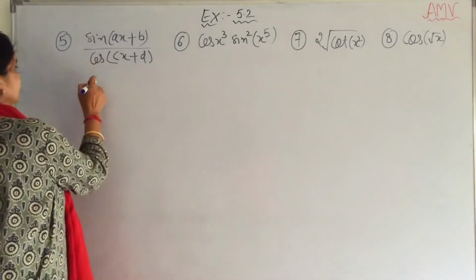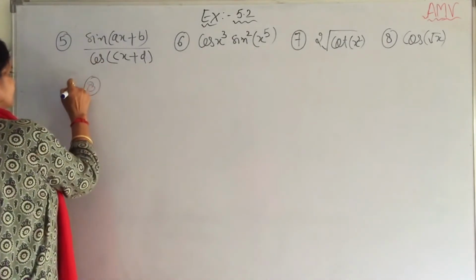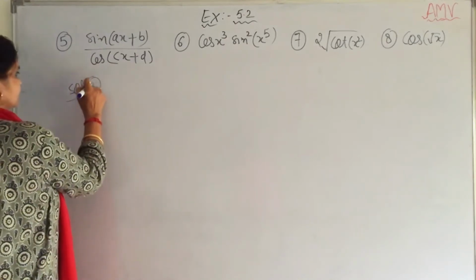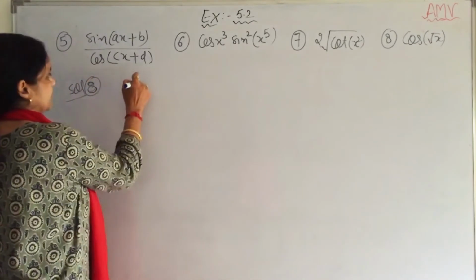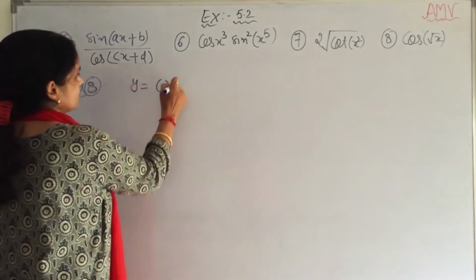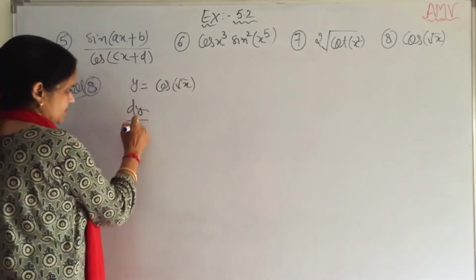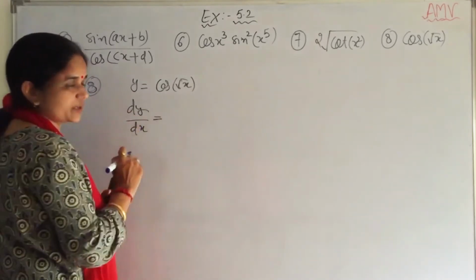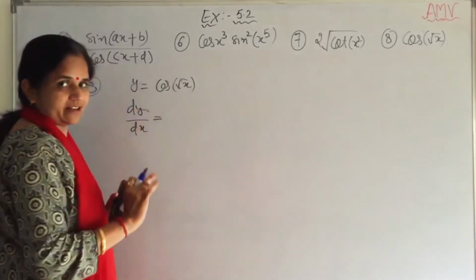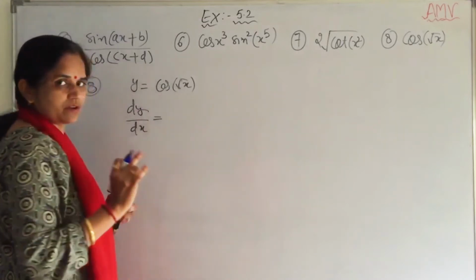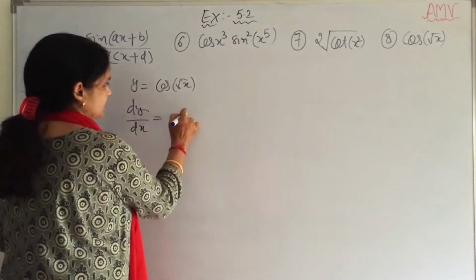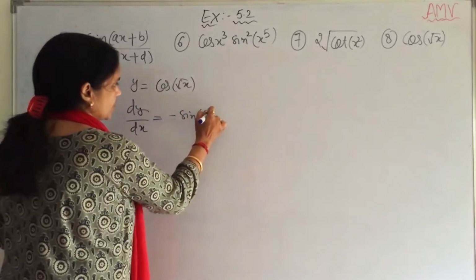Question number 8. Let y is equal to cos root x. So derivative with respect to x. Differential of cos x, here root x in place of x, so it is minus sine root x.